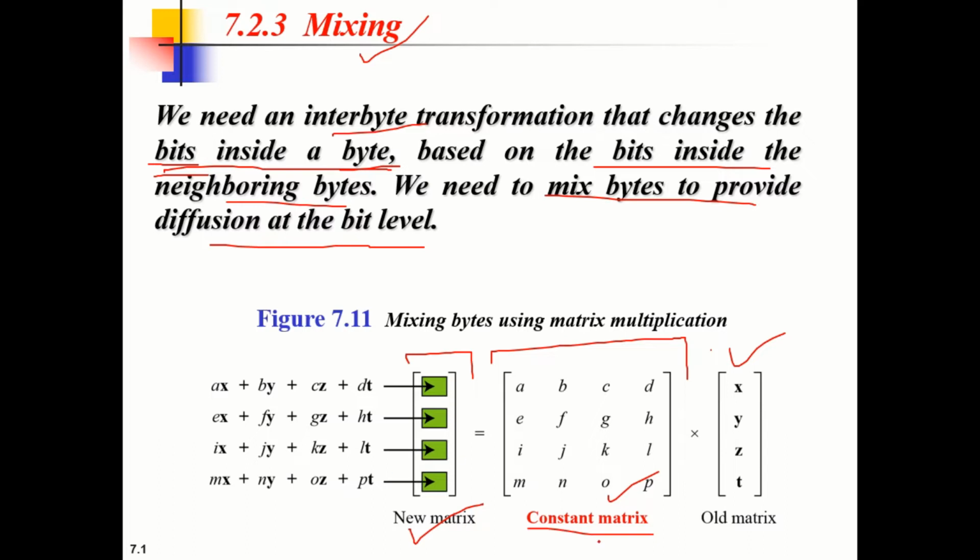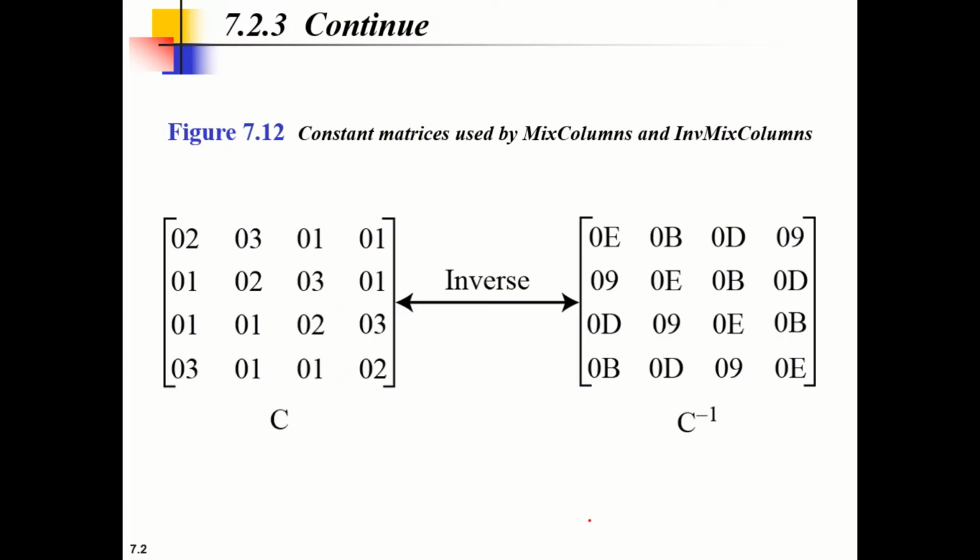This is one example of a constant matrix which we could use for this mixing operation. The operations we perform while mixing are called MixColumns and InverseMixColumns. MixColumns is the encryption side operation and InverseMixColumns is the decryption side operation, and these matrices are inverses of each other.